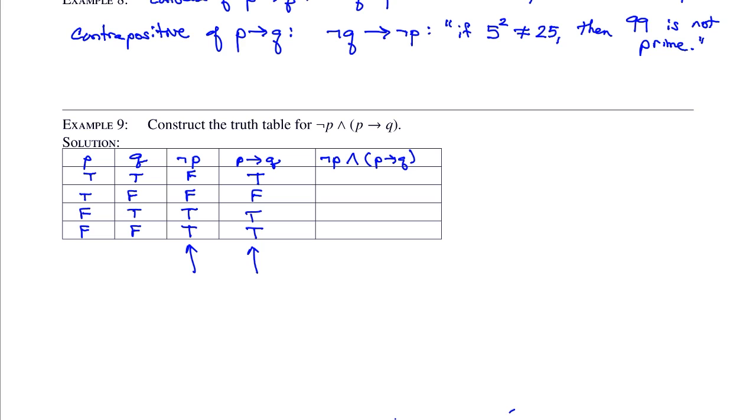And so we go straight here and here. False and true. True or false? False. That is false. False and false. True or false? That is false. True and true. It's true. True and true. It's true.